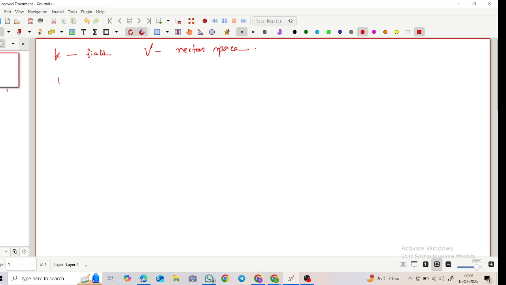Then we have seen that V has a basis, right? Now we will define dimension V, or maybe the K-dimension of V, to be the cardinality of a basis of V. Okay.